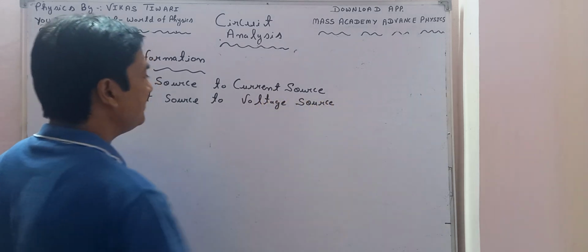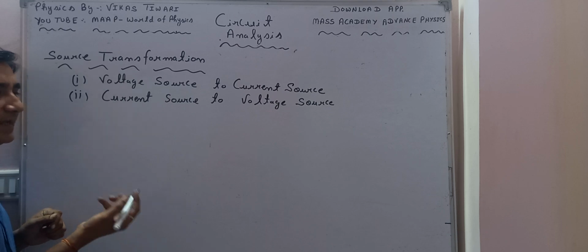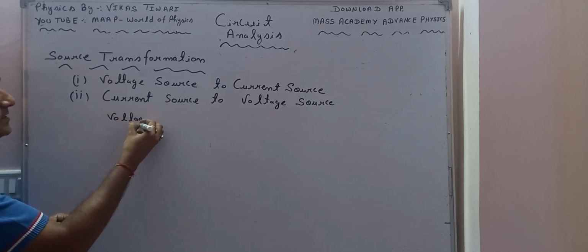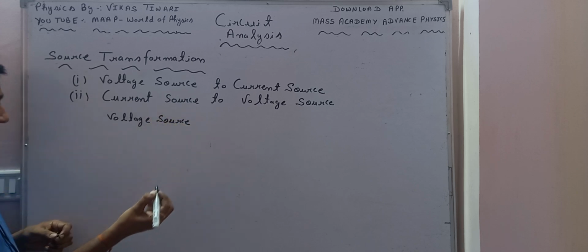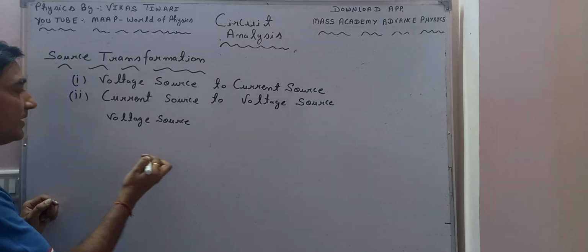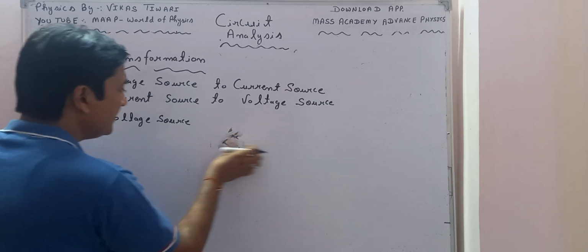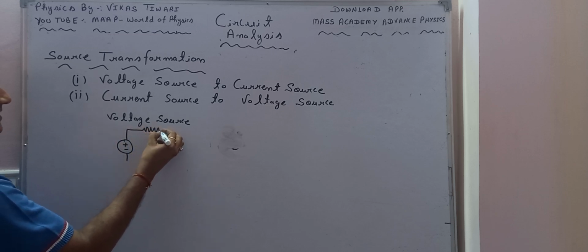So what are the requirements to transform? Whenever we are talking about any voltage source, we should remember a picture of it in our mind. There should be a voltage source, and there is some resistance in series with it.